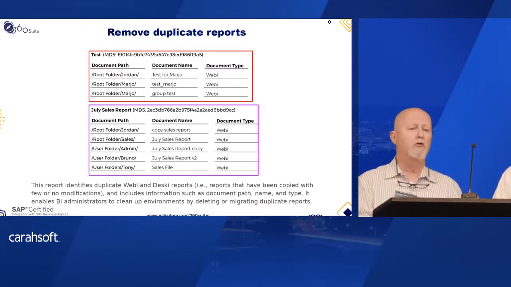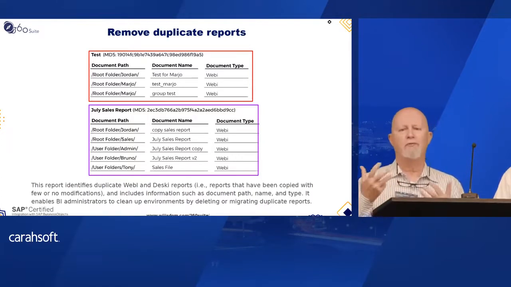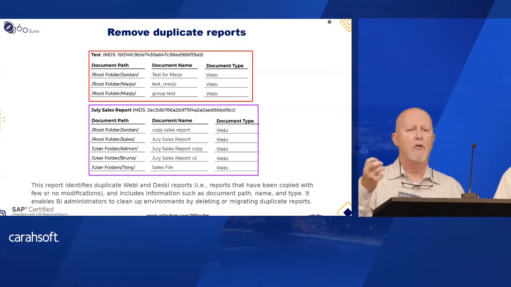Another very useful tool, and you will probably relate to that, is how to identify duplicate reports in your system. Well, they have renamed it. They're in different folders. We have a technique that allows us to calculate, let's call it, a checksum. And when it's identical, we have a very high level of confidence that the reports are actually identical.